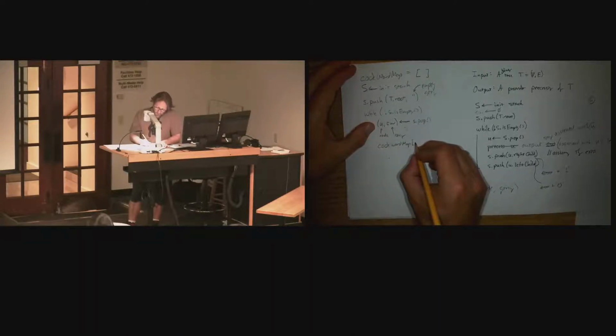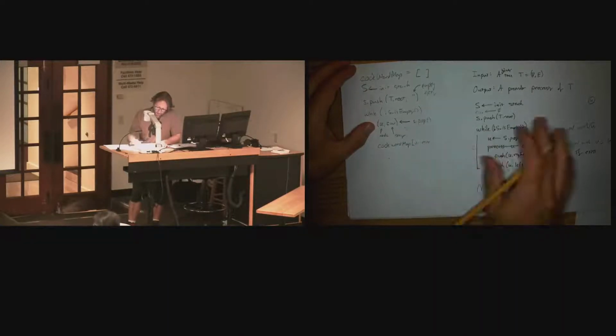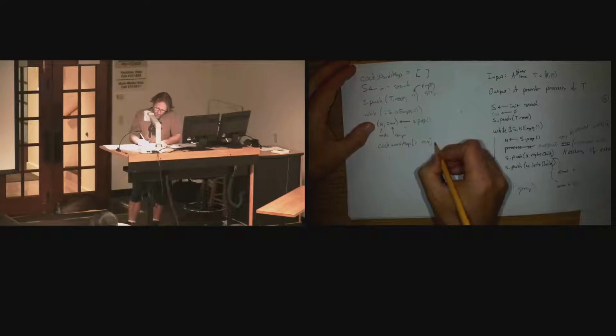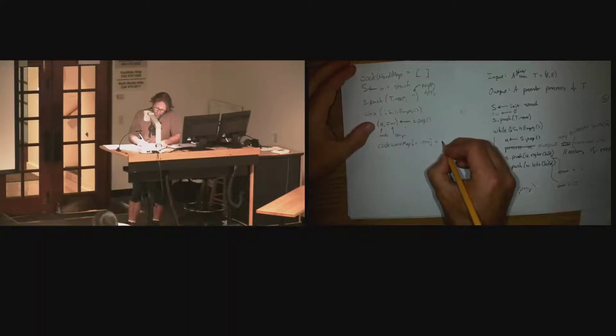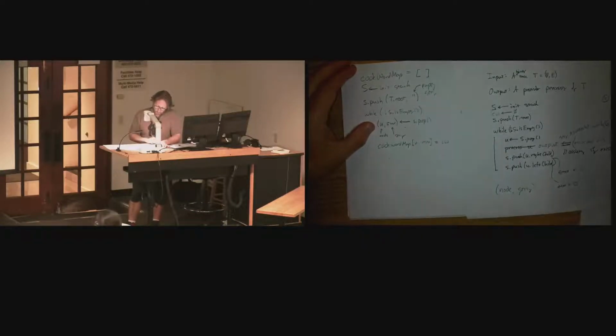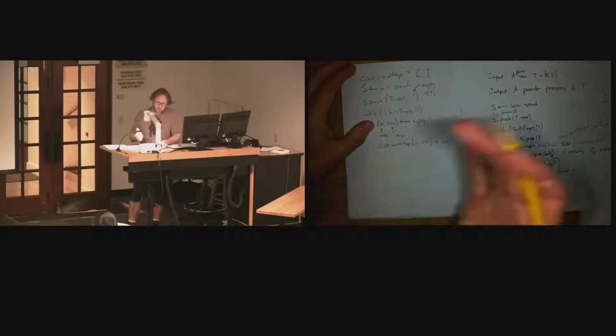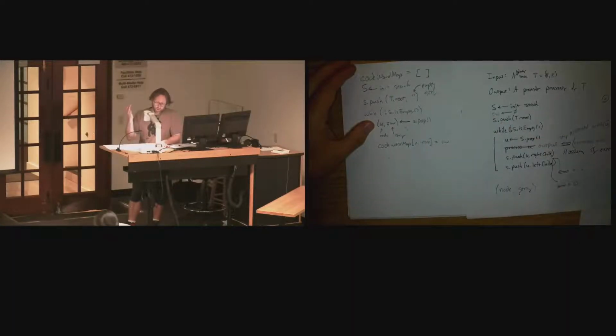So the letter, U's letter. And I will map that to the code word. There we go. And of course, there's more details here because you would only do this for the leaf nodes. So code word map CW, there we go.